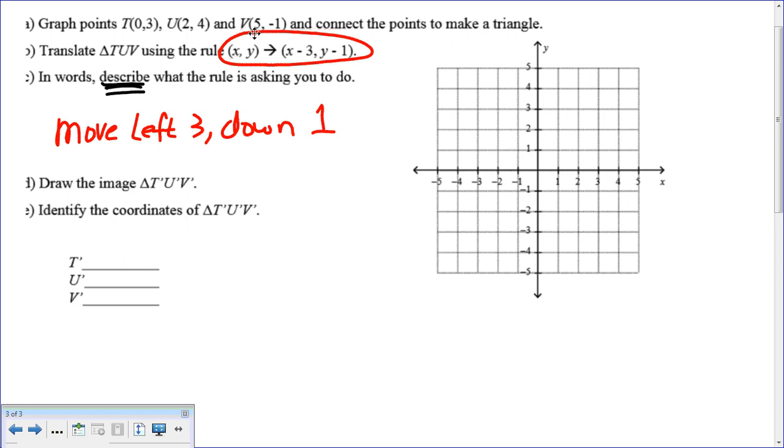So if we draw the original figure, T is at 0, 3, U is at 2, 4, and V is 5, negative 1. So this is a long, skinny triangle here.